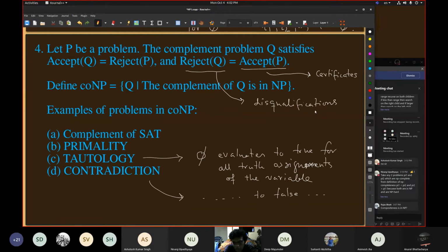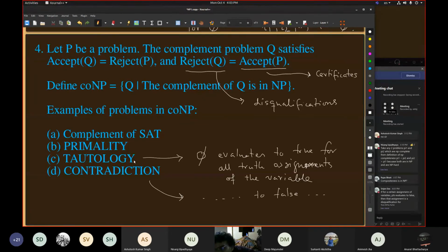You supply succinct disqualifications. So what is the succinct disqualification for a formula in tautology?